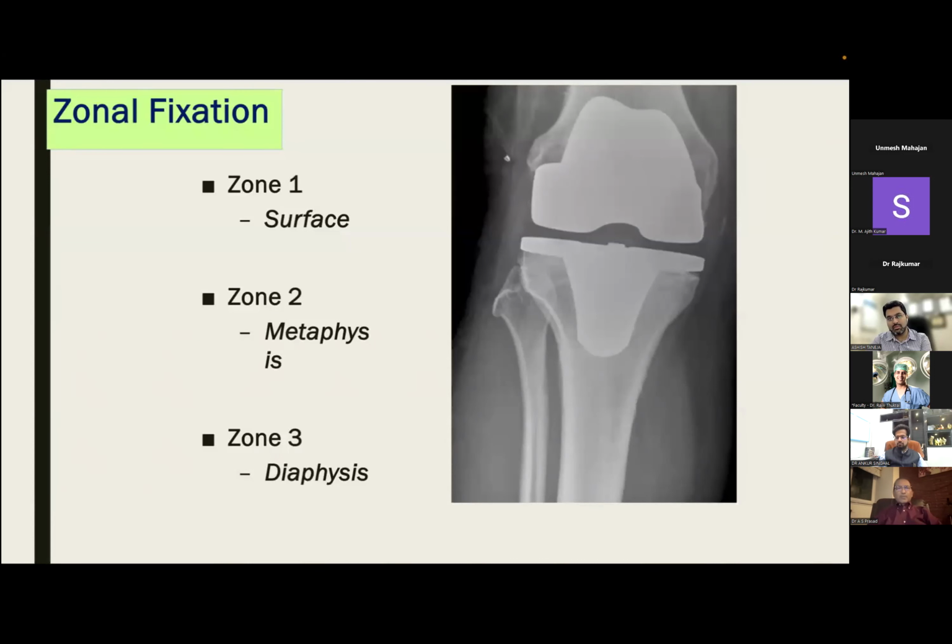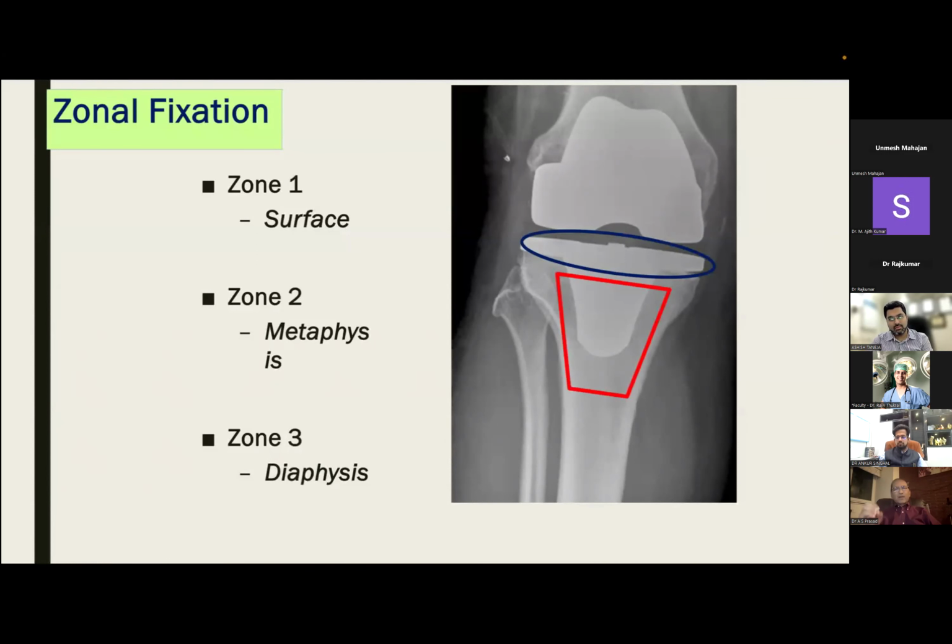For fixation purposes, there is this zonal fixation concept, which has been given by Morgan Jones. Luckily I have worked with him for my sleeves. I have worked with him twice. So he has come with the concept of 3 zones for revision: femur side and tibia side both. Zone 1 is the surface of the bone, that is tibia or femur. Zone 2 is metaphysis.